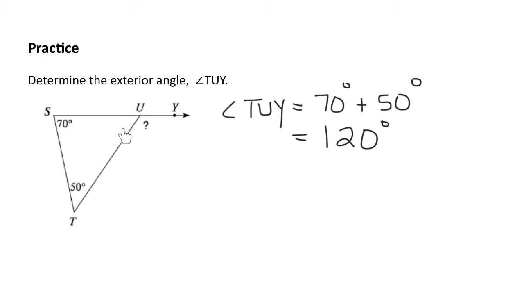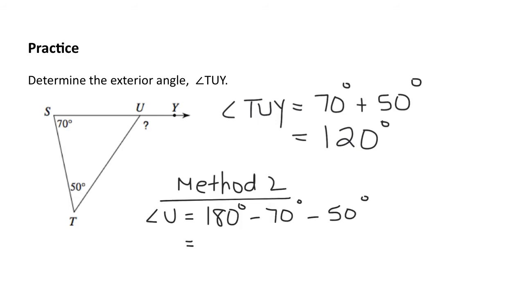So to figure out the leftover or the third missing angle, I can simply subtract these angles from 180 degrees. So I'm going to call this method number 2, and I've written out my calculation. So to find angle U, that third interior angle, I'm just going to subtract from 180 the 2 other interior angles that were given to us, and that would give me an angle measurement of 60 degrees. So this interior angle here is 60 degrees.